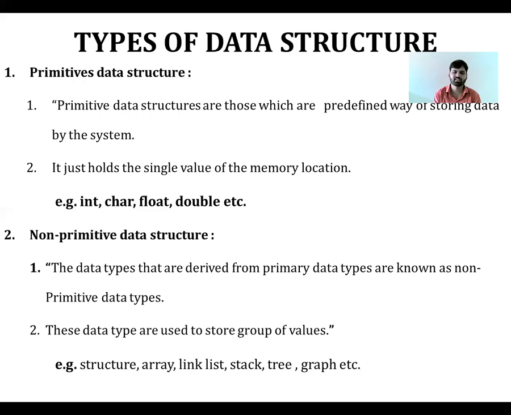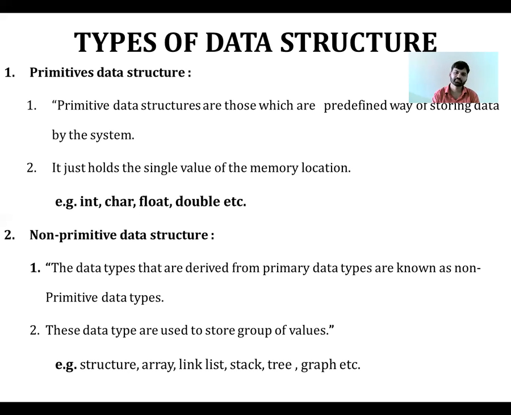They hold just a single value in a memory location, meaning integer, character, float, double, etc. Non-primitive data types are derived from primary data types, meaning integer, character, float. These are used to store a group of values, as in structure, array, linked list.